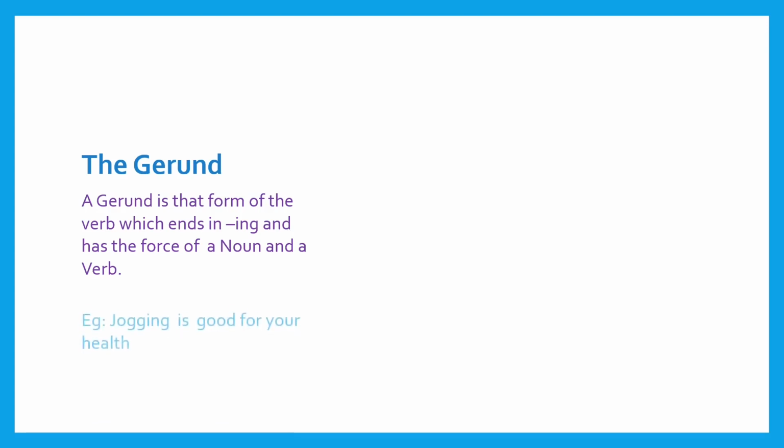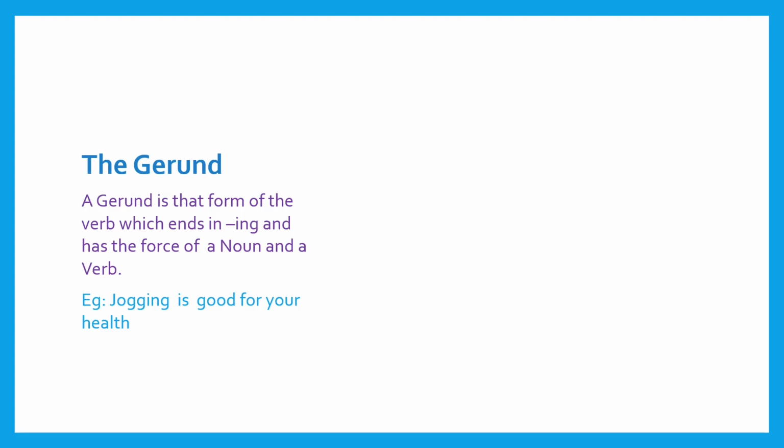Example, jogging is good for your health. Dear students, please pay attention here to the word jogging. The word jogging, jog, is a verb which is added and ends in ing, which is working as a noun here. So the word jogging can be replaced with another word, for example, exercise or a balanced diet, which is a noun.